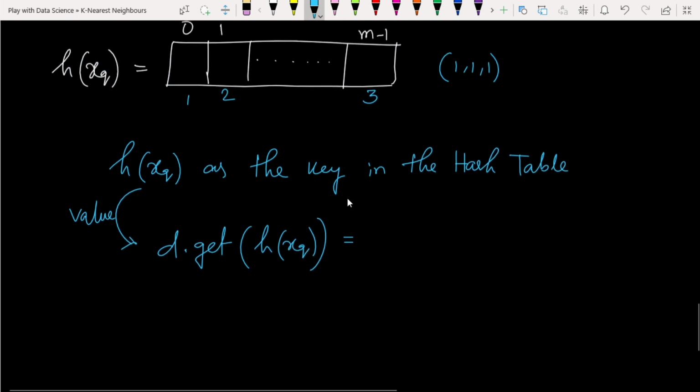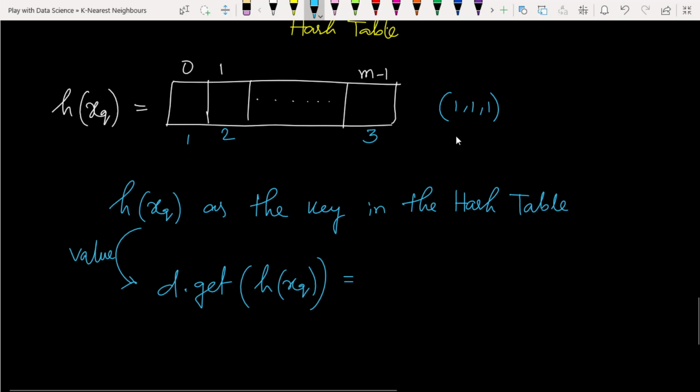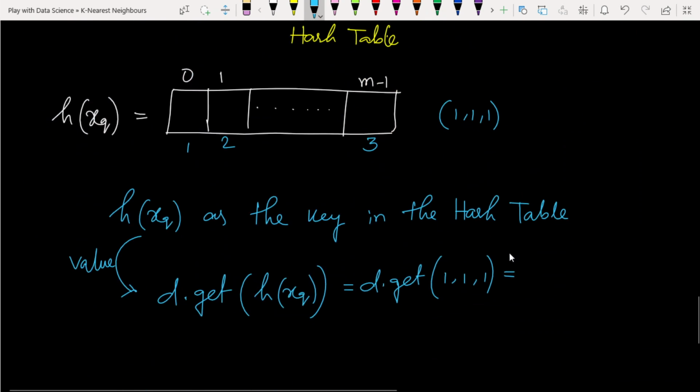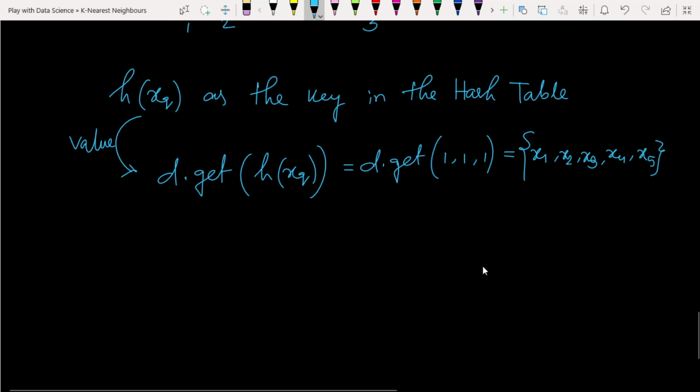It means, if the hash value for this query point is 1 1 1, then d dot get of 1 1 1 will give us this output, x1 x2 x3 x4 x5. This gives the output for this query point xq.